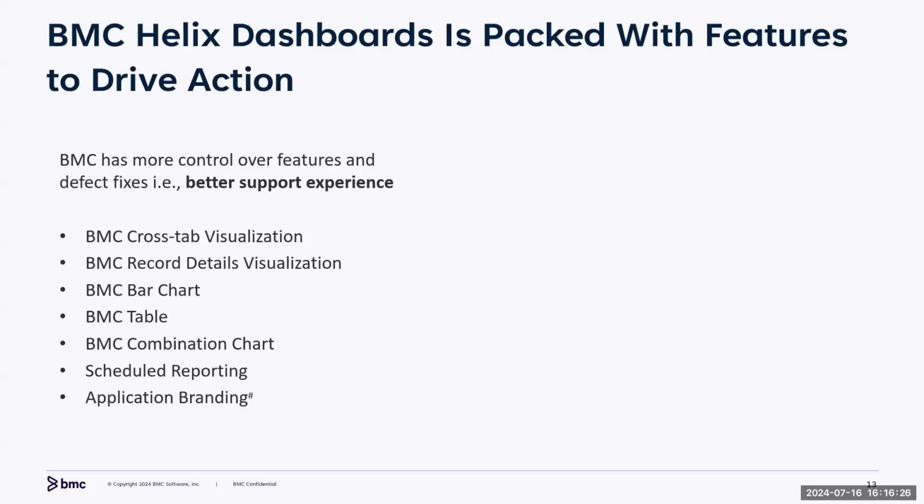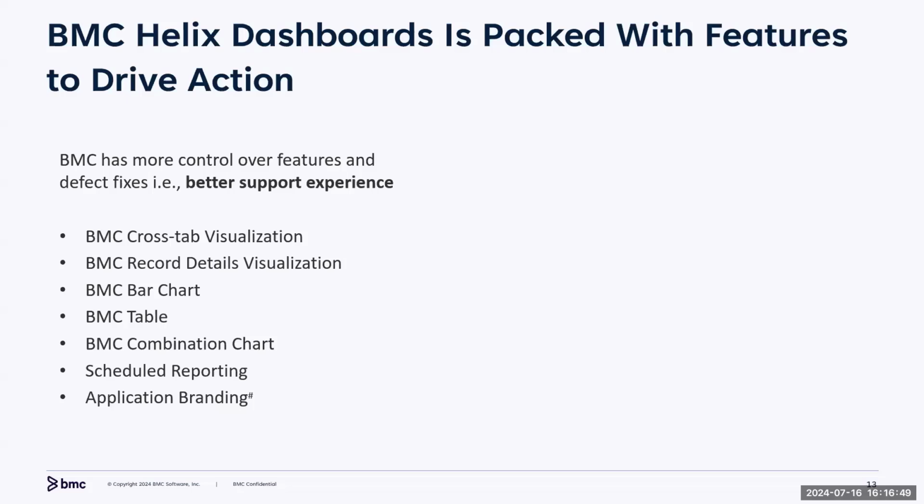And then there are several visualizations you will notice that we ship with the product, which are designed by Grafana. BMC visualizations, this is where the control BMC has, in that we aren't just dependent on Grafana for new capabilities.